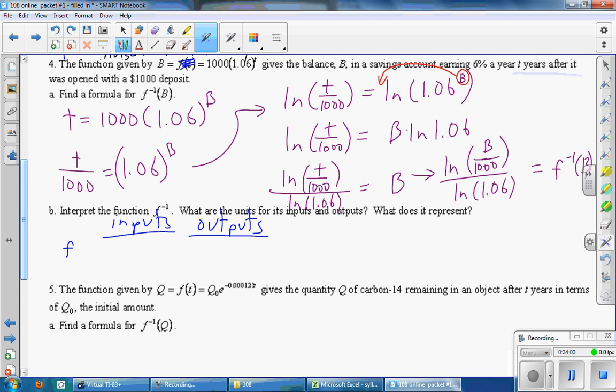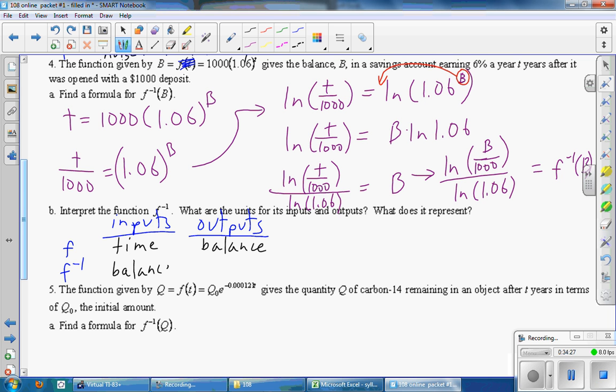So the input is time since the account was opened, and the output is the balance, how much money you actually have in your account. Given the time, this function outputs the balance. f inverse just swaps these two things. So given an input of a balance, f inverse outputs the time. What time? The time it takes to achieve such a balance.